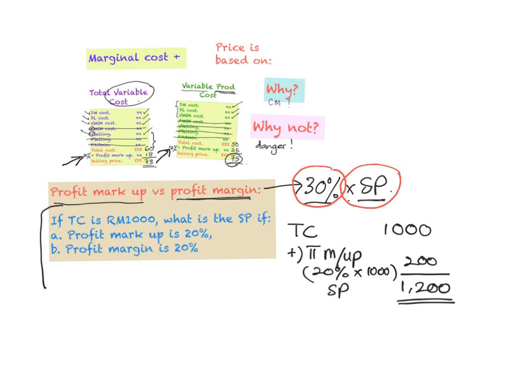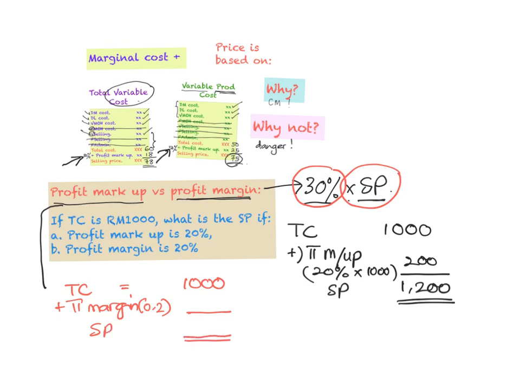Say the total cost given by the question is 1,000, plus the profit margin here is 20%, which is 0.2. You still do not know how much it is, and the selling price here we still do not know.